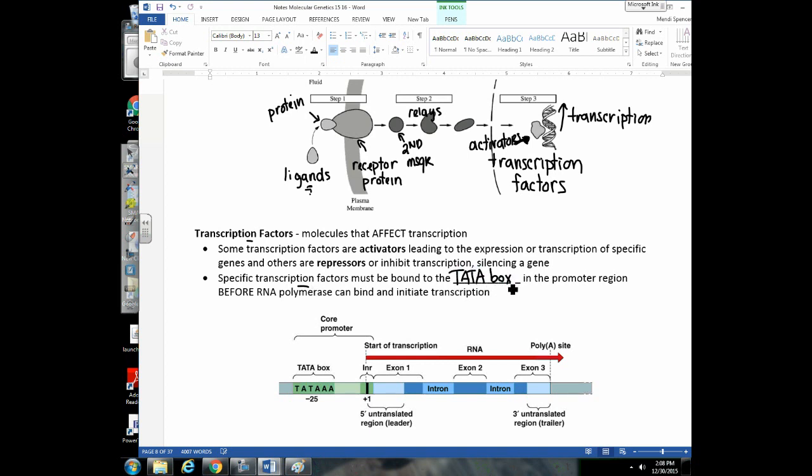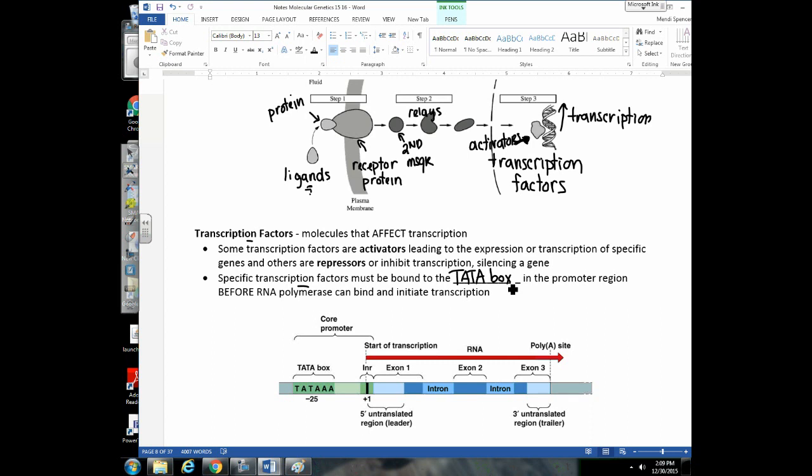And you probably guessed it, the TATA box is just a section of DNA that has many repeats of AT, AT, TA, TA, and so on. So it's called the TATA box. So let's show you how the transcription factors relate to RNA polymerase in this promoter region and the TATA box before I show you some of these next diagrams that can seem very complex. So here we have the TATA box.